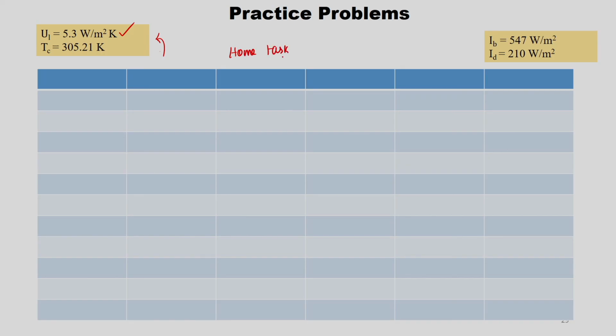For the rest of the data, whatever is given in the problem is the same, but we assumed UL as 4 and proceeded the calculation, and TC we assumed as 305.6, but here we are re-guessing the UL value as 5.3 watt per meter square Kelvin and TC as 305.21 Kelvin. We will check whether UL is coming same or not. So, I am just giving you the calculated parameters. You can do it as a home task and let us know the parameters and then values.